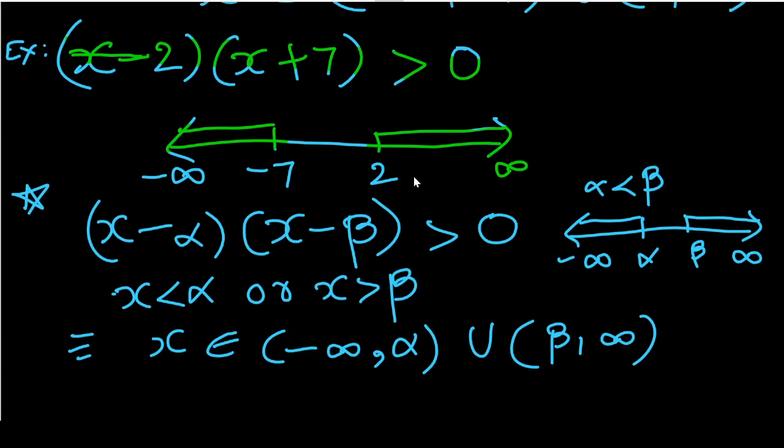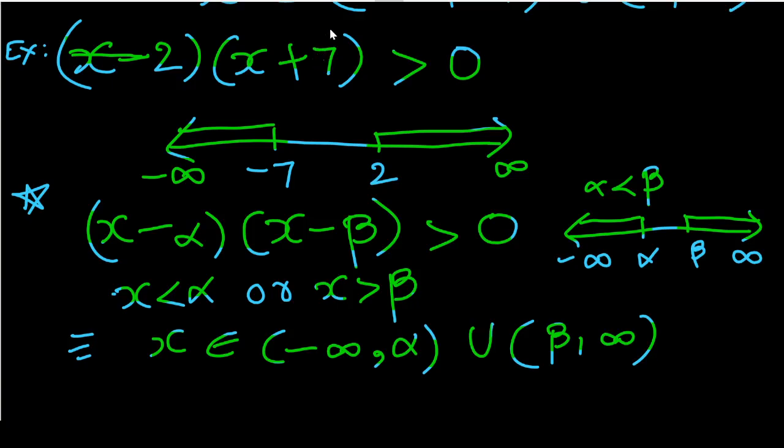So for a generalized quadratic inequality having two factors x minus alpha, x minus beta, alpha is lesser than beta, both are real, so it will be x lesser than alpha or x greater than beta, or in other words we can say that x belongs to minus infinity to alpha union beta to infinity. That way we can generalize it.